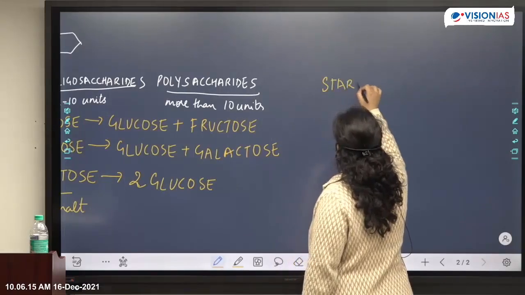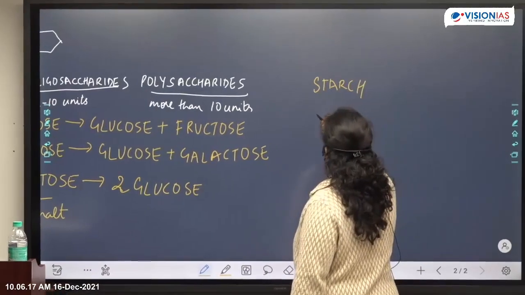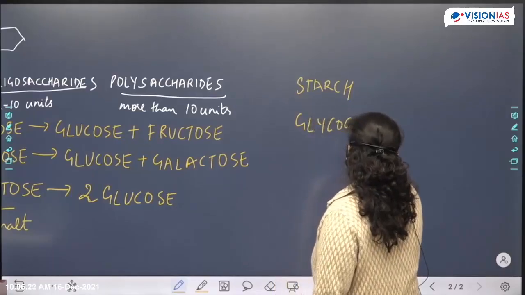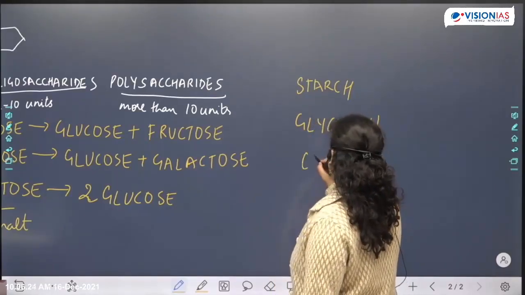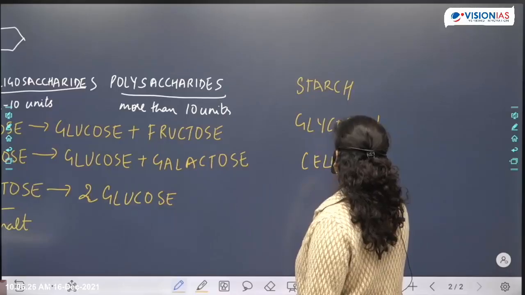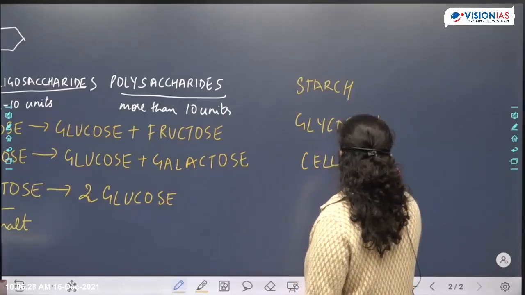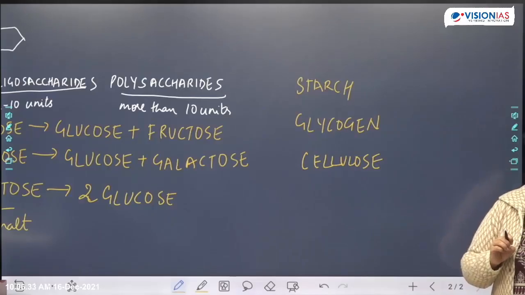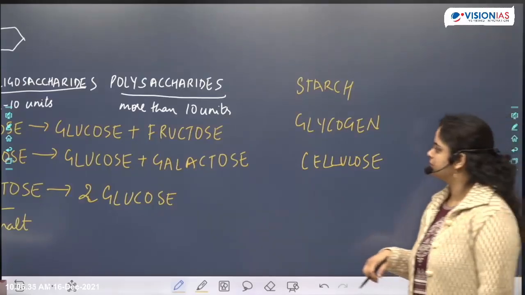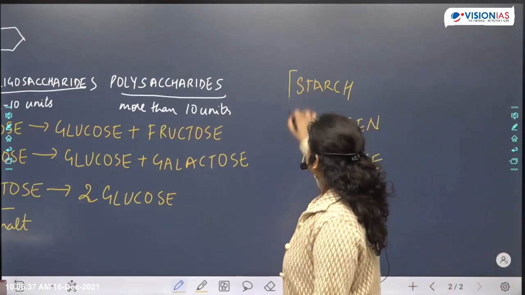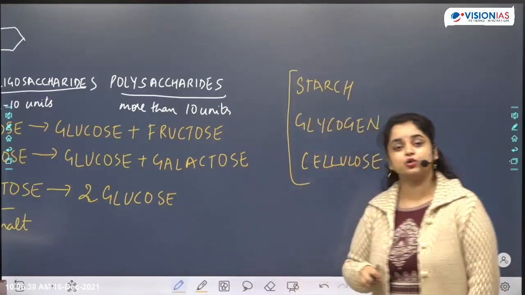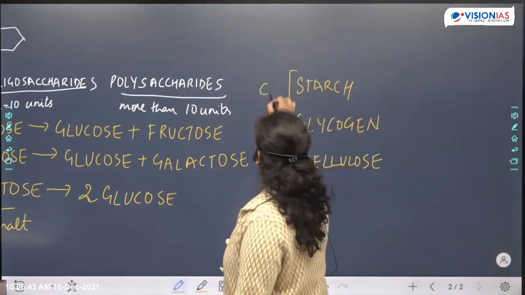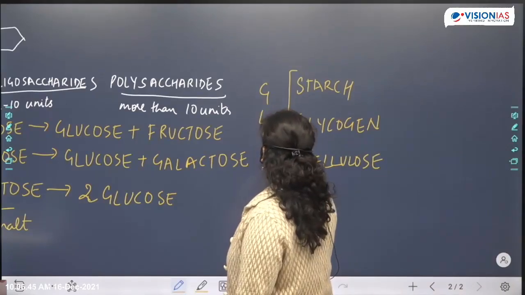So you might have heard about starch, and then we have glycogen and cellulose. These are the 3 examples of polysaccharides. The common point here is that the monosaccharide unit which makes up these 3 is glucose.